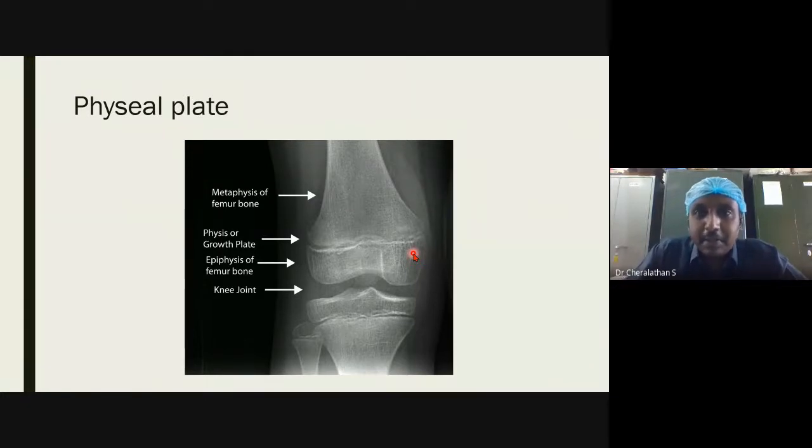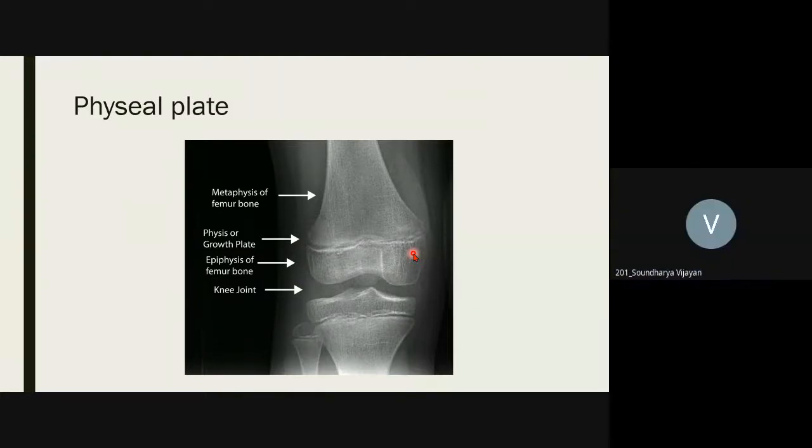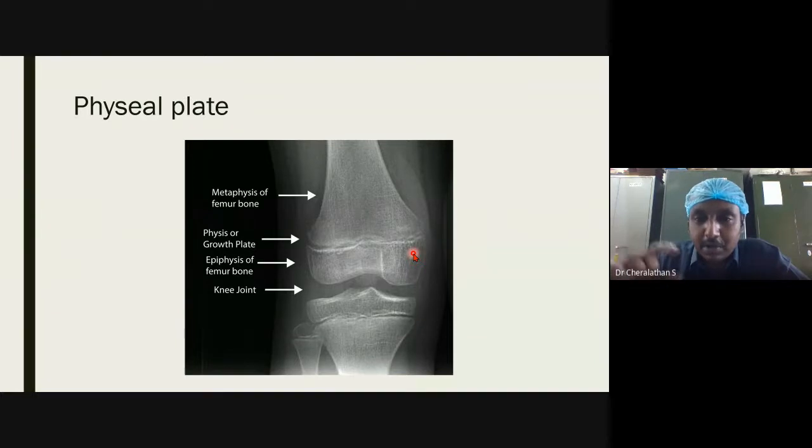For that, I think the patient can agree to shortening of a few centimeters. It has been noted that it is not clinically that significant. Anyway, we give a reversible treatment option to the patient. Hope you all understood what hemiepiphysiodesis is, right?